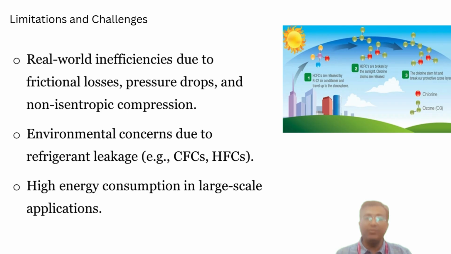The third important part is the energy consumption in case of large scale application. The industrial chillers use a huge amount of electricity for cooling purposes, and this is increasing the electricity cost and also increasing the carbon footprint.